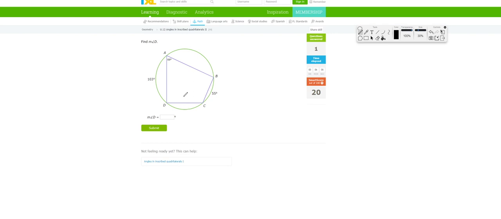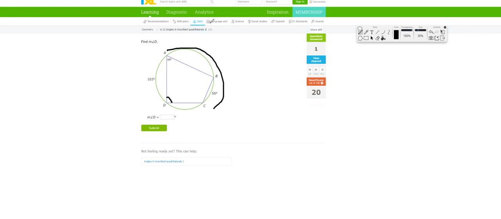In this case, they're asking you, what is the measurement of angle D? What would this angle be? Well, what do I know? I know that opposite angles are equal to 180 degrees. Now, to find that, I will need to know the measurement of this whole arc.